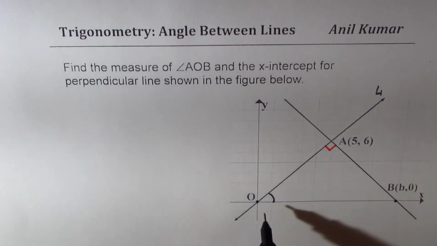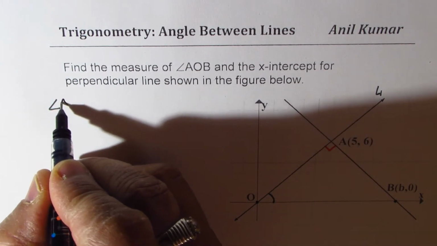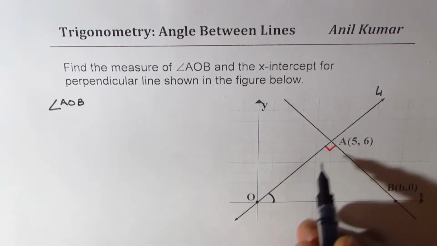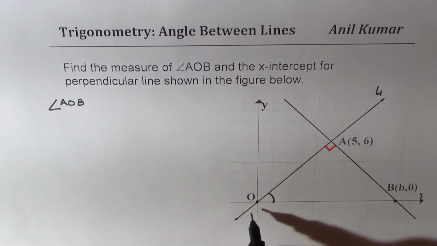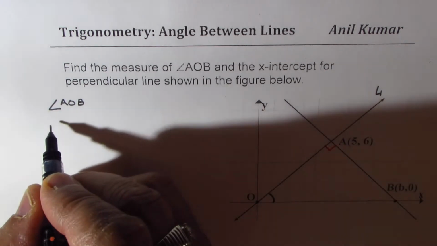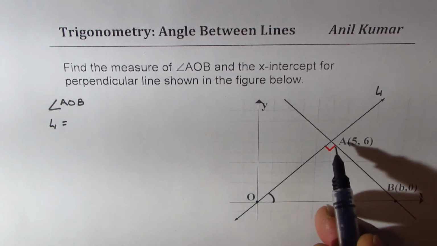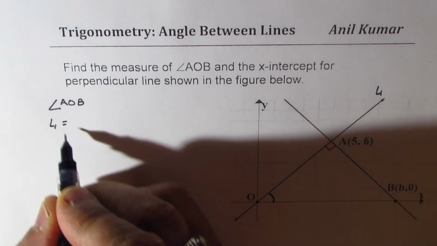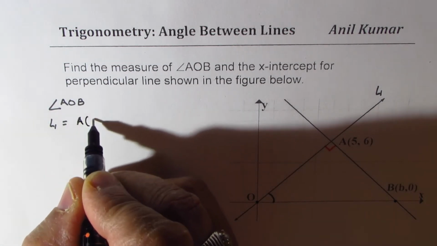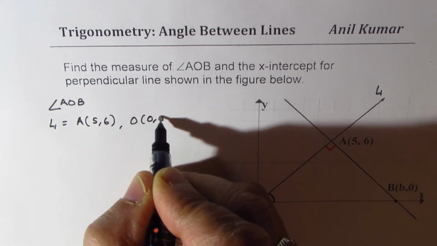So first, let's begin with finding the angle AOB. Now this is the angle which line 1 makes with the x-axis, right? So let's find the equation of line 1. Now line 1 could be seen as a line which passes through a point A, which is (5, 6), and also the origin, which is (0, 0).